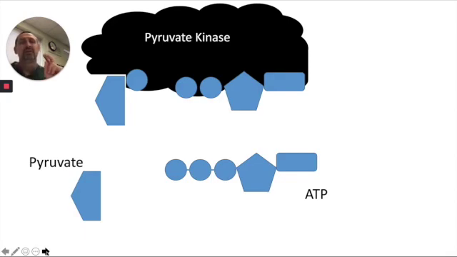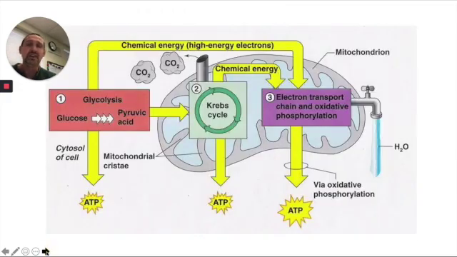When we do, those individual pyruvates, like the half of the glucose molecule, can be used to recharge ATP, and here's how. Pyruvate kinase, an enzyme, is going to add that third phosphate back to an ADP in order to recharge it. So that's the process of glycolysis in a nutshell.